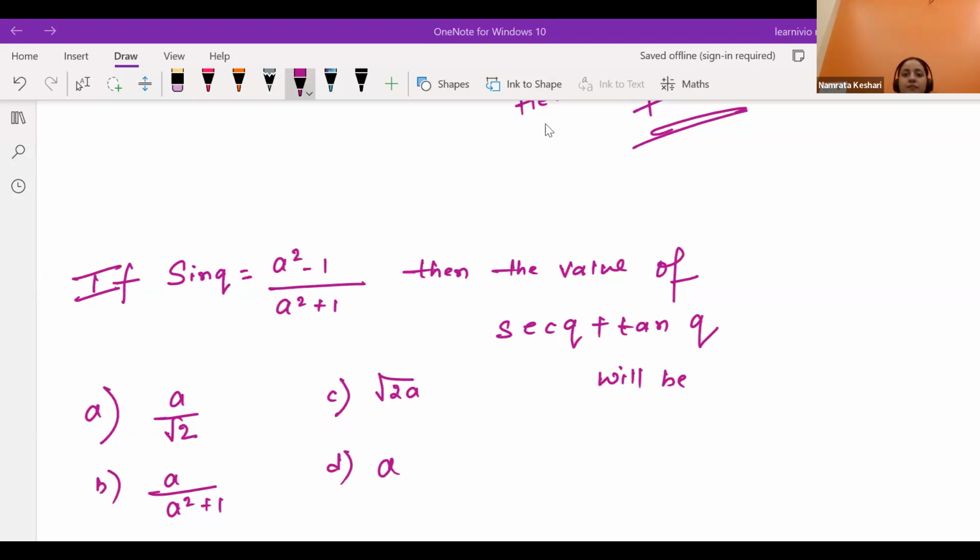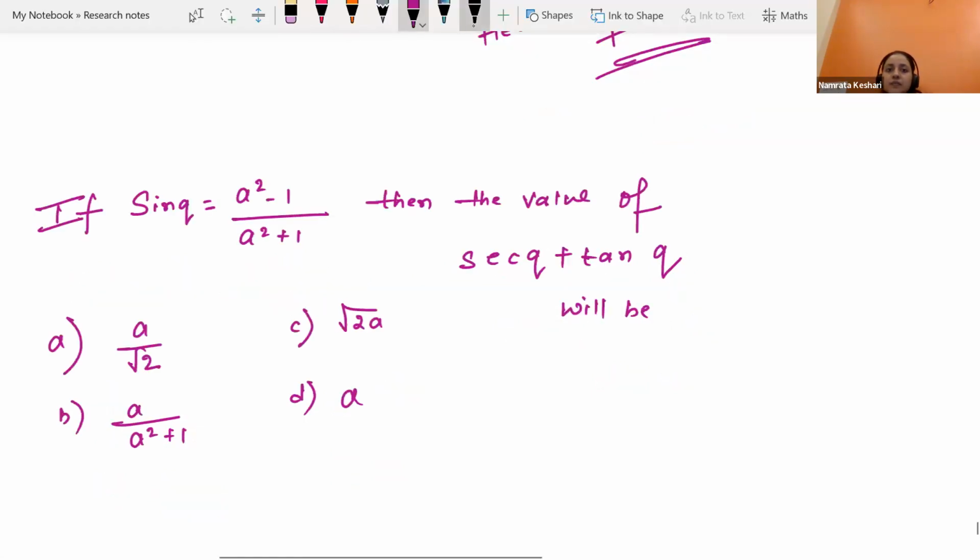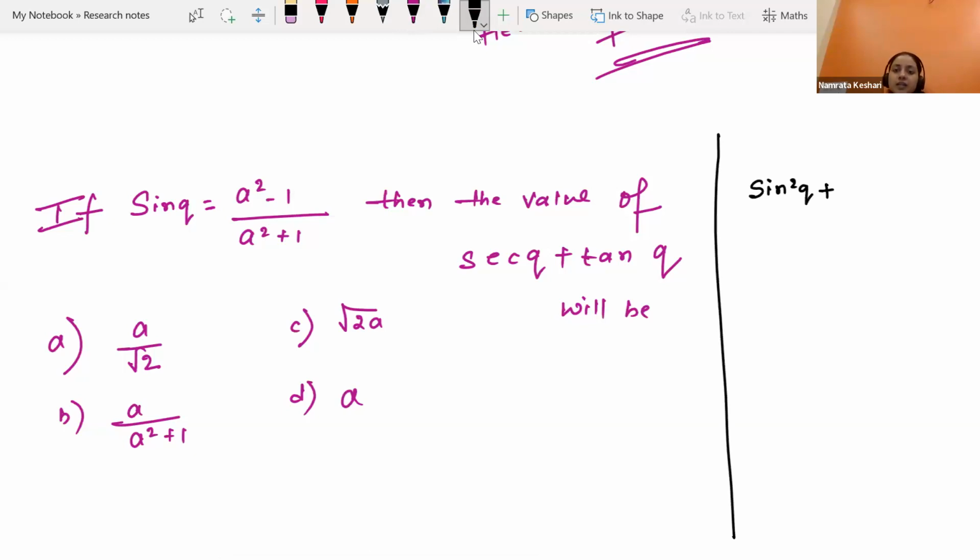Ma'am, first I used the identity sine square theta plus cos square theta is equal to 1. So I put it in to find cos theta.